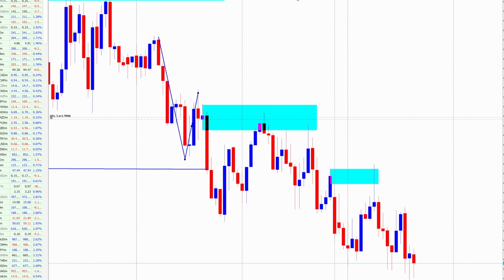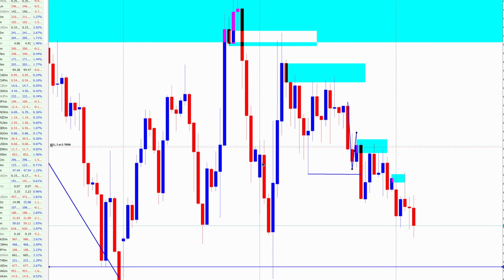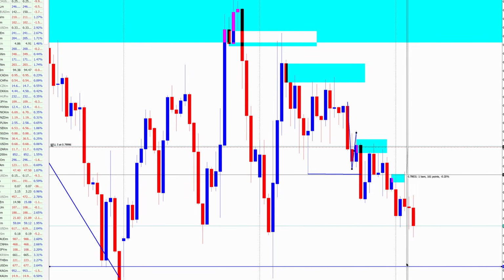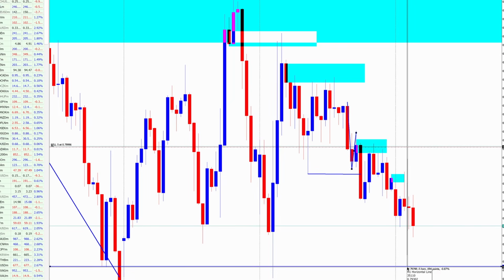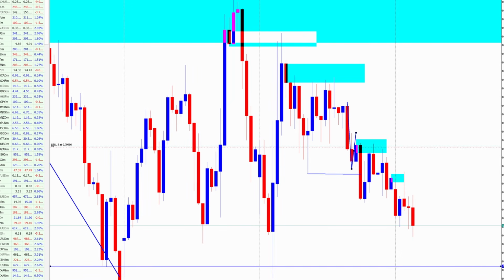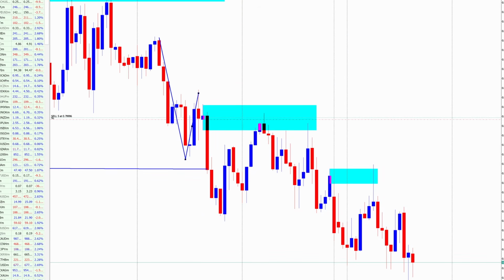But in this case, we're actually looking to take this lower. So from that entry point, we'll close our profits down here at the structure point for like 68 pips. But remember, that's for the aggressive approach.